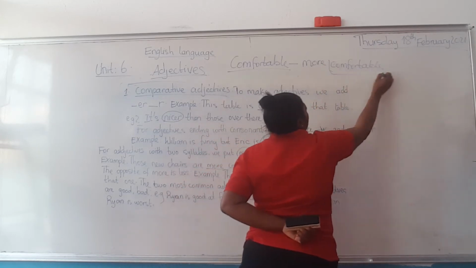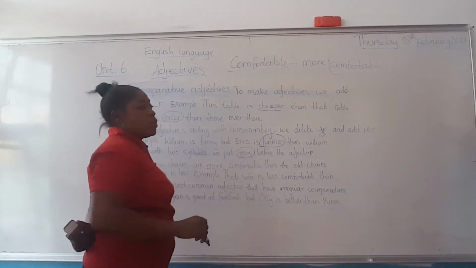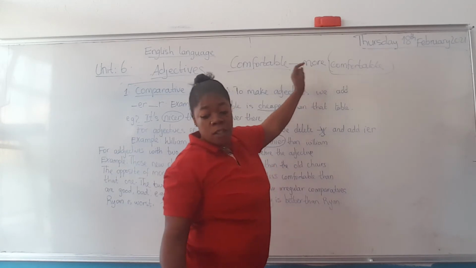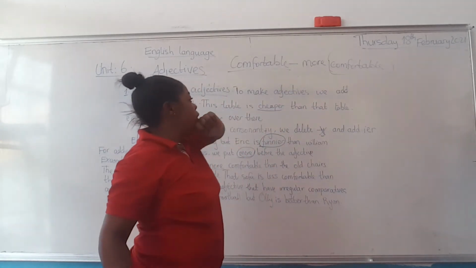The adjective doesn't change. You don't add er or r to the adjective. Instead, you put a word in front of the adjective. You add more in front of the adjective.